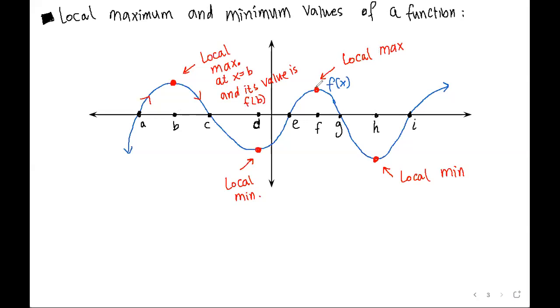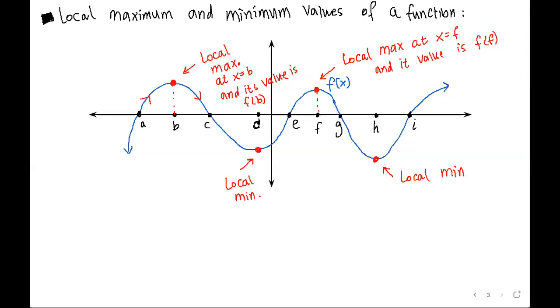Same thing here. This point is a local maximum at x equal f, and its value is f of f. Here f is the function, and f is also the point, small f.